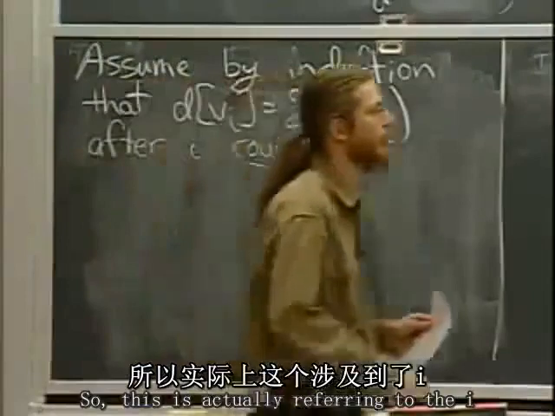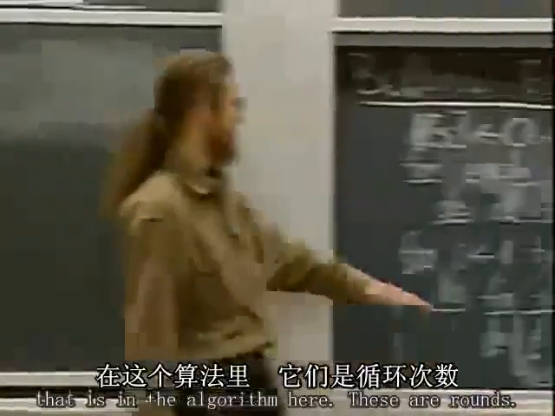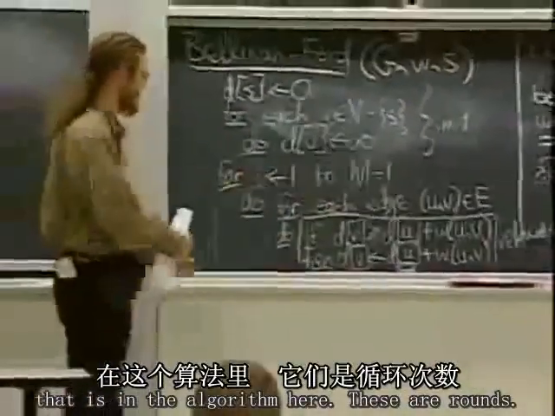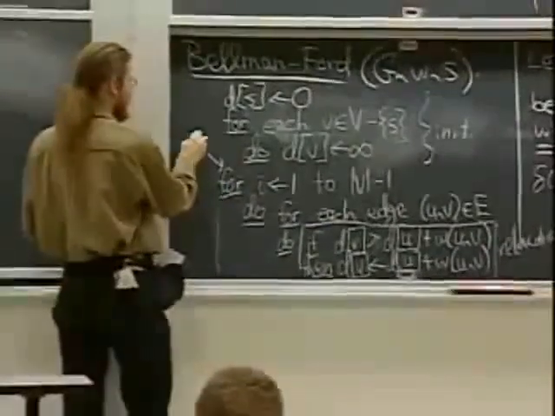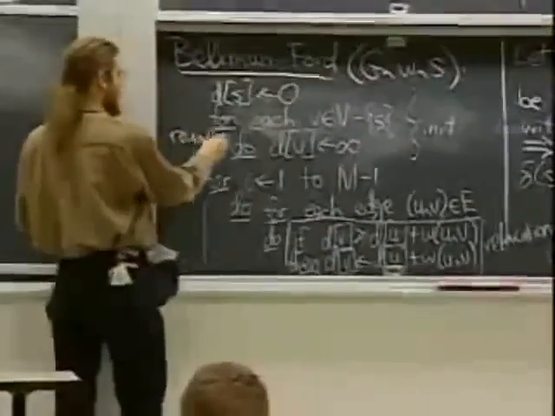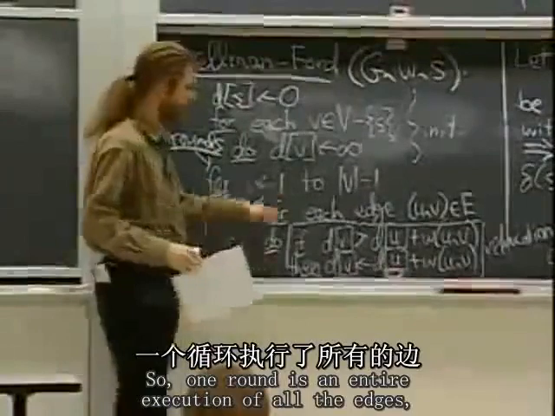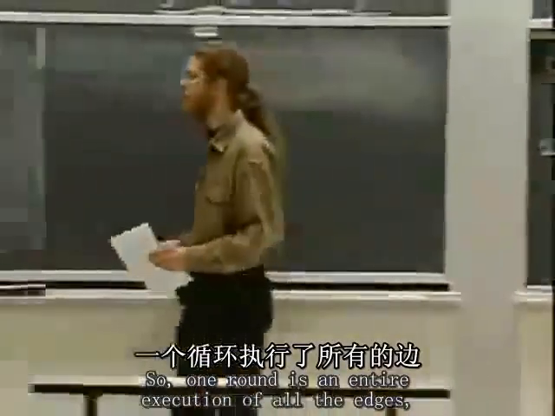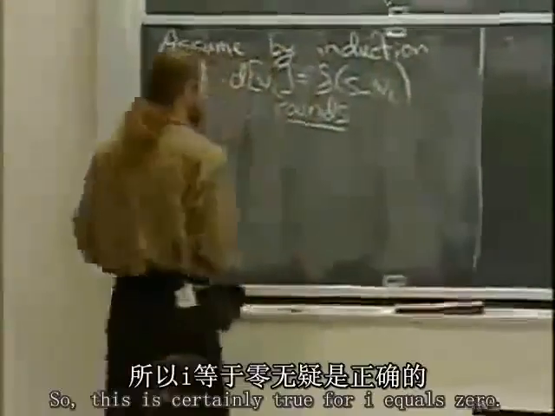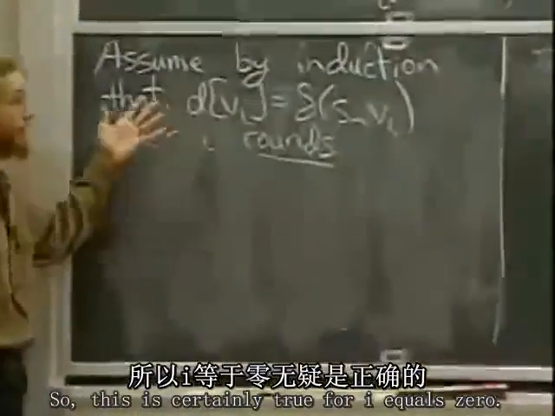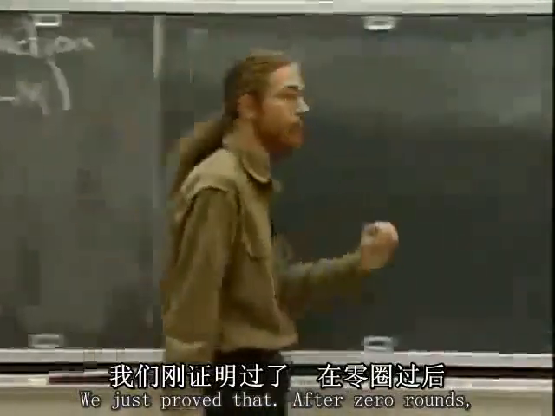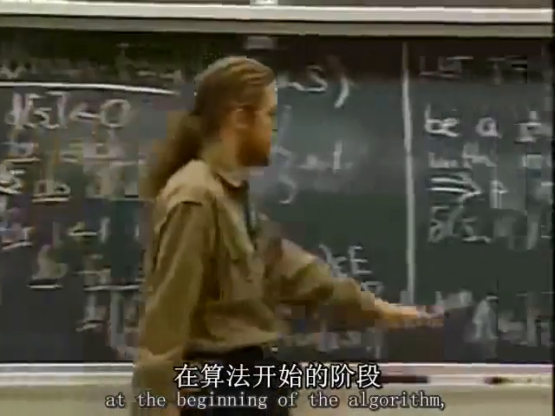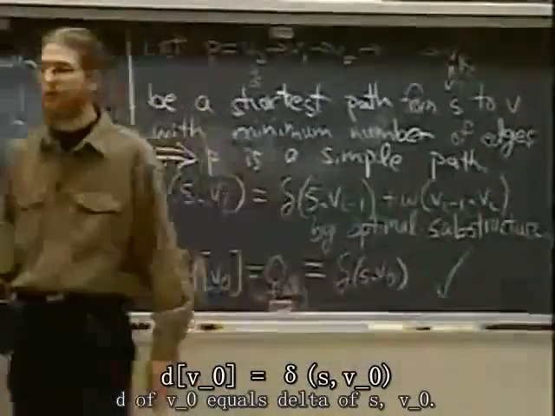So this is actually referring to the i that is in the algorithm here. These are rounds. So one round is an entire execution of all the edges, relaxation of all the edges. So this is certainly true for i equals 0. We just proved that. After 0 rounds, at the beginning of the algorithm, d of v0 equals delta of s v0.